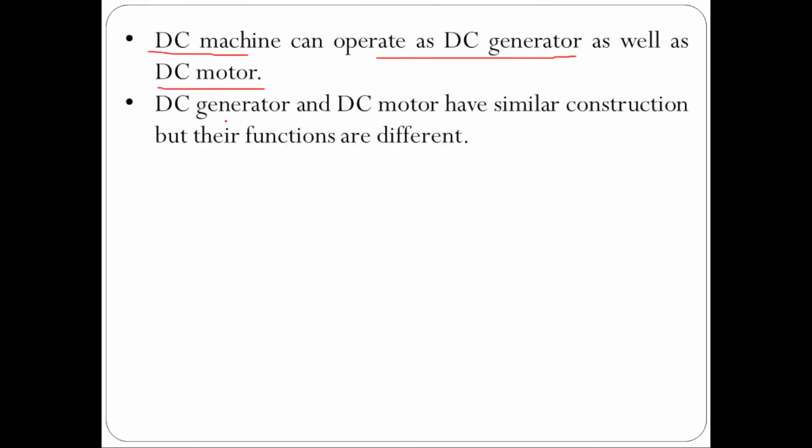It is possible because both DC generator and DC motor have similar construction. The construction is same, and since the construction is same, it can operate as DC generator as well as DC motor.